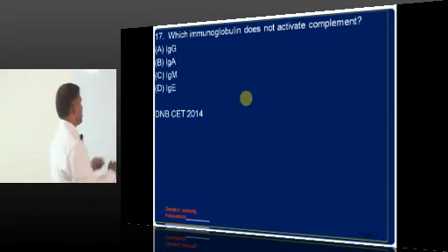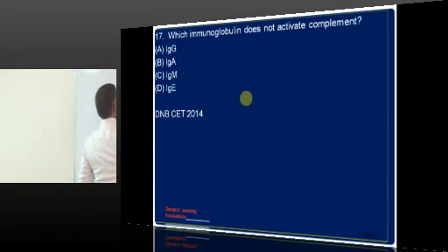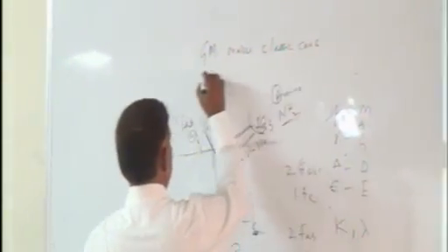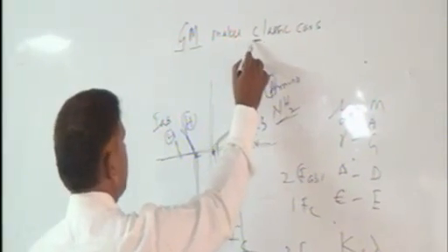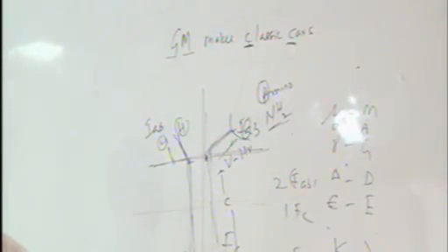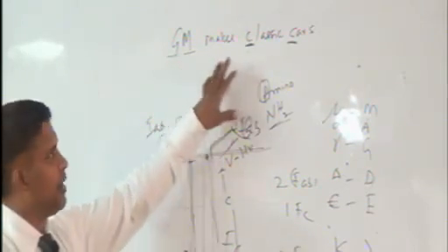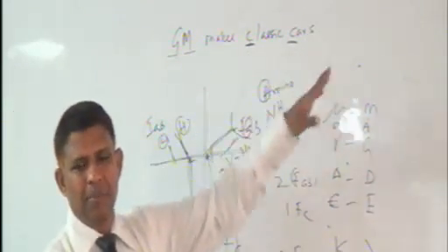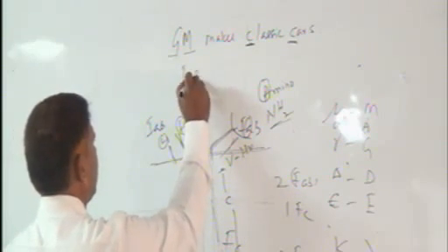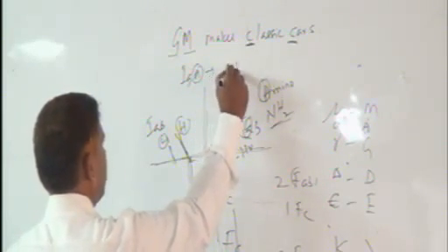General Motors makes classic cars. So G and M participate in the classical complement pathway. IgG and IgM participate in the classical complement pathway. It's very easy to remember IgA, because IgA is A and alternate pathway also starts with A.